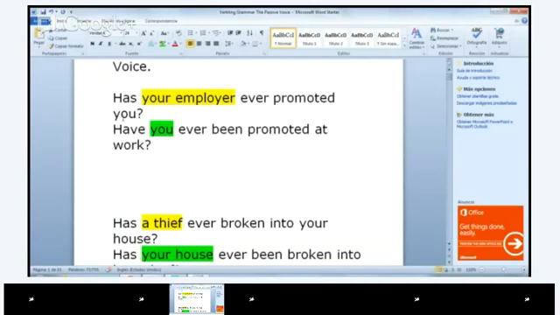Then you are the object. You are promoted by your employer. So in the second example, you, in green, are the new subject. The focus of the sentence is on you and what has happened to you.